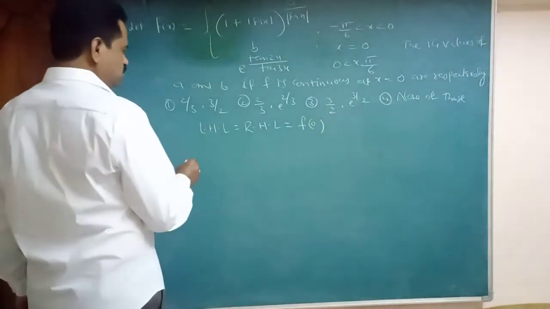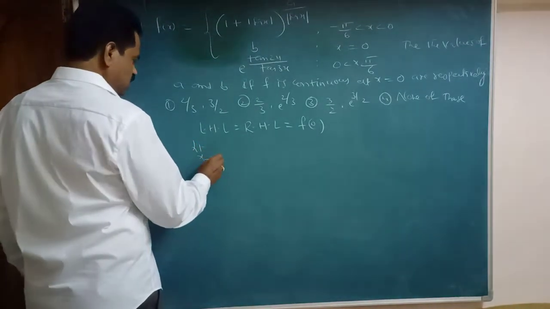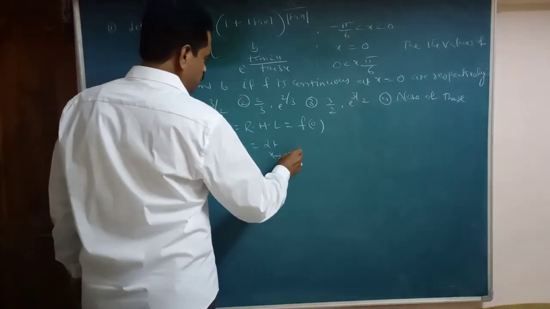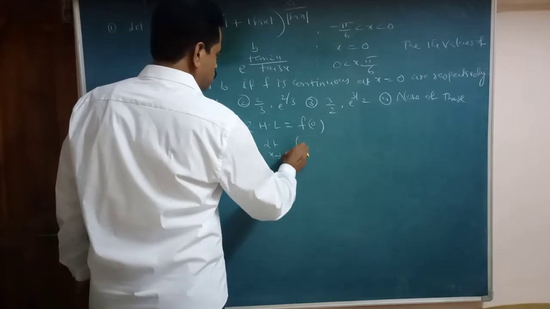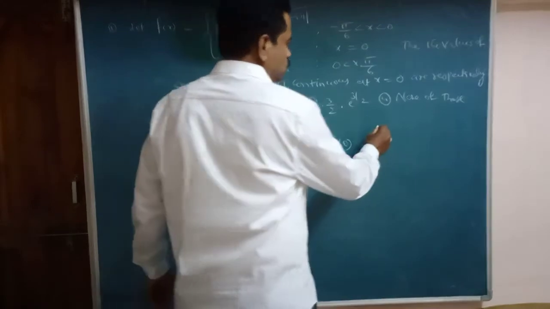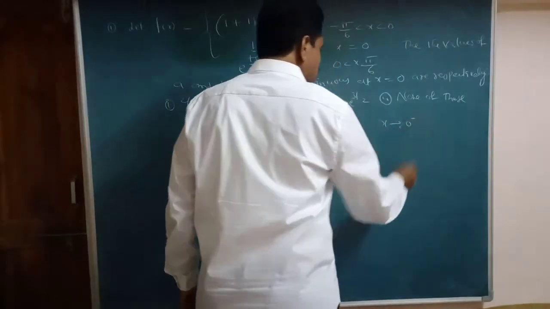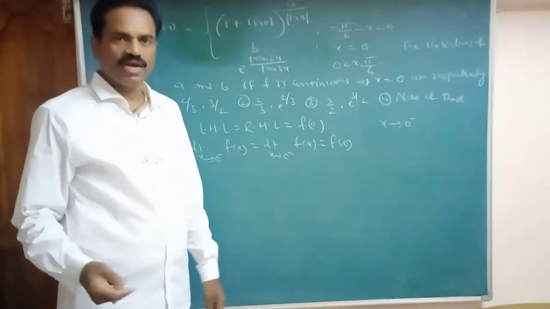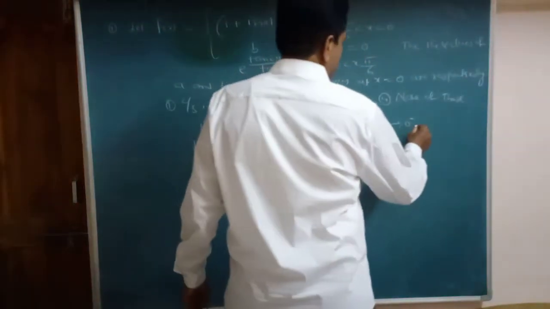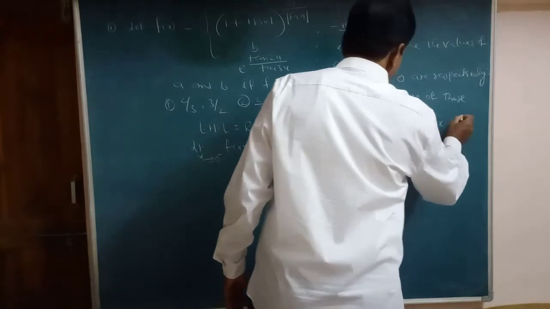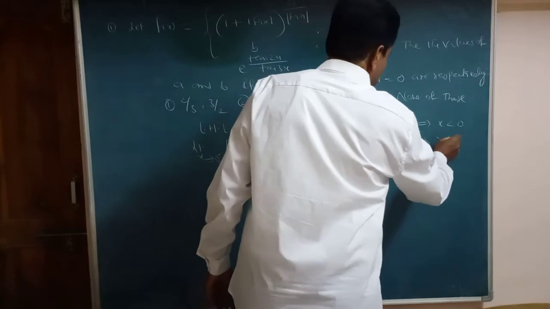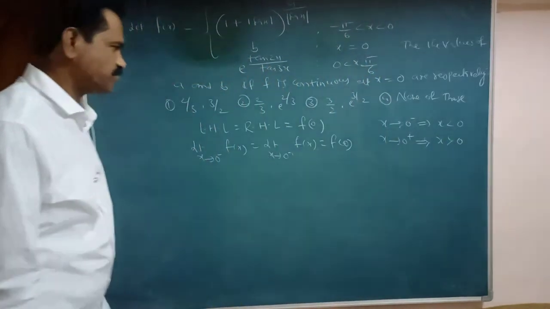Here limit x tends to 0 minus f of x equals limit x tends to 0 plus f of x equals f of 0. Here x tends to 0 minus means it is just less than 0, that is x less than 0. x tends to 0 plus means it is just greater than 0, that is x greater than 0.